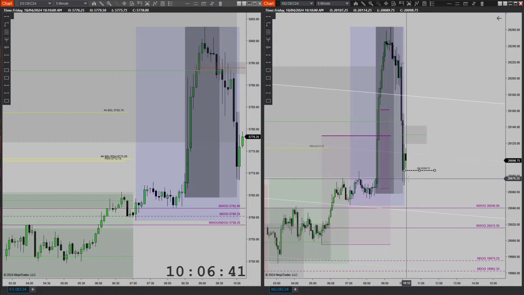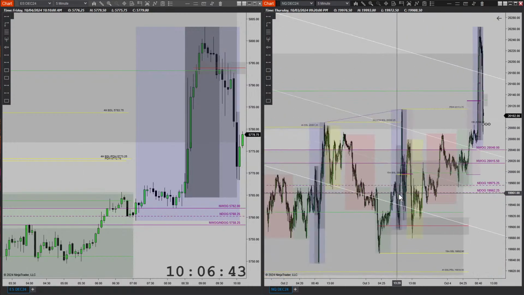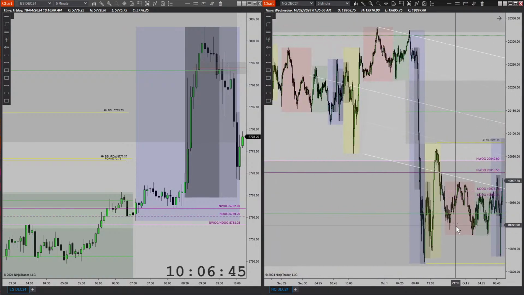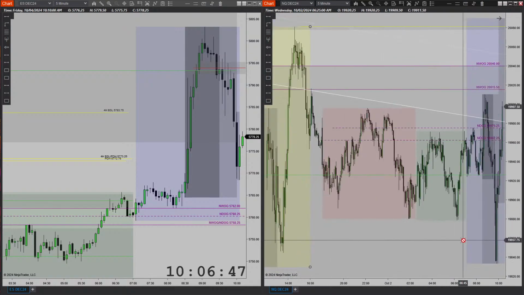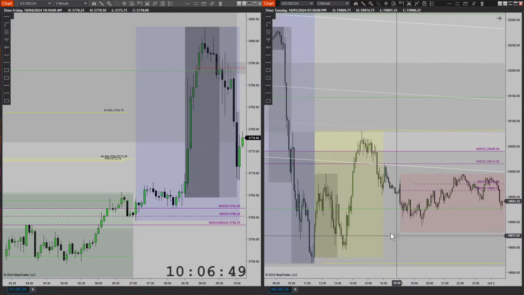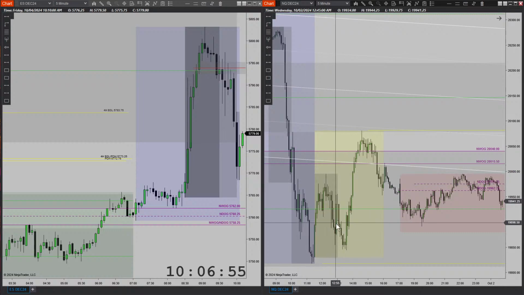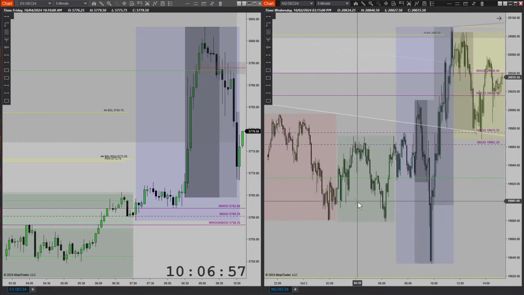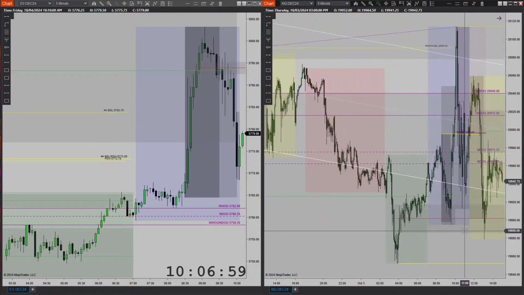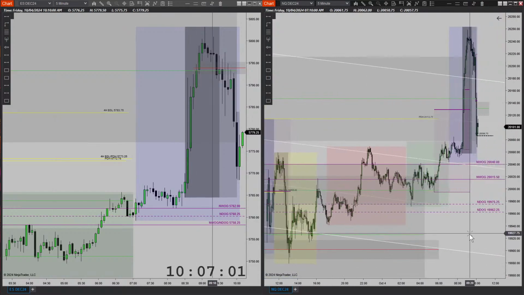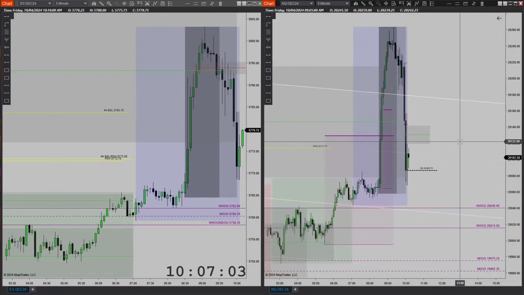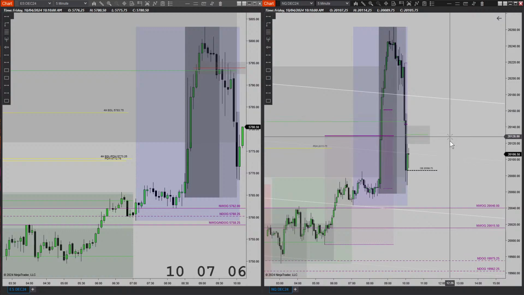Price fails to get above, and then we get another trade, similar to what happened right here. Order block is drawn, price fails to get above, short here. But I'm done trading for the day, so I just don't want to give back more than I have to.